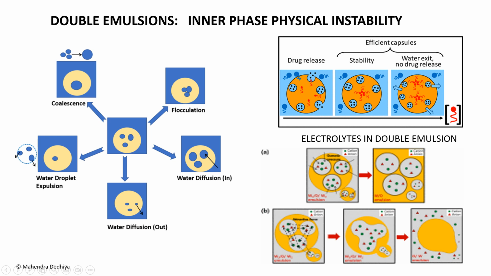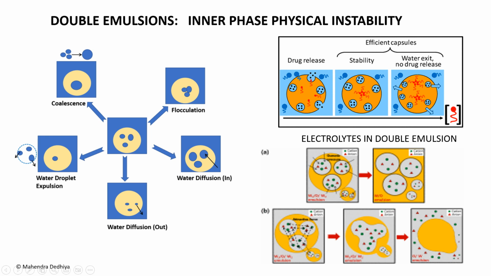In addition to that, electrolytes used in double emulsions have to be carefully selected. Electrolytes may attract the particles themselves. In the case shown here, starting with this emulsion with electrolytes, the inner globule starts growing at the expense of smaller globules.